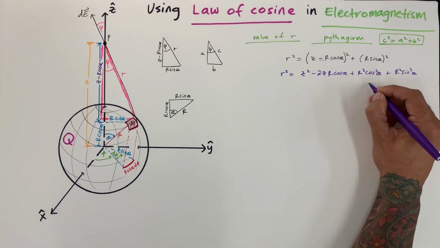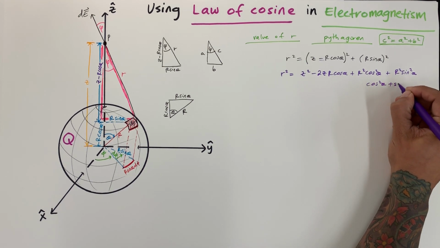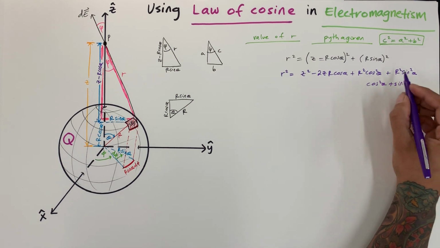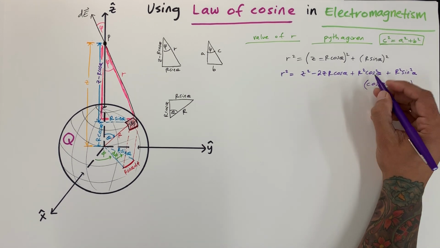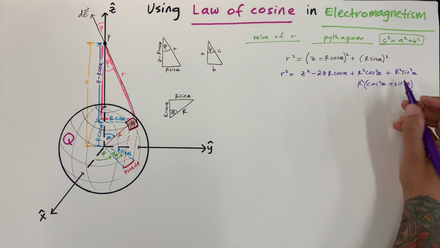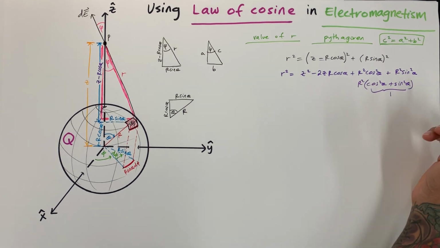We know that cosine squared theta plus sine squared theta is equal to 1. We can pull out the r squared, and so this value in here is equal to 1.